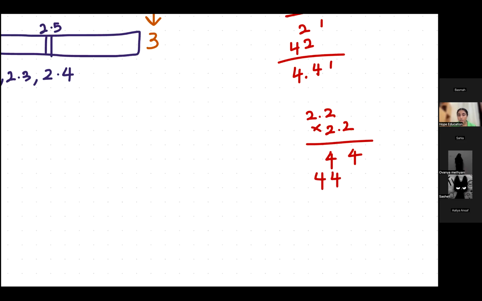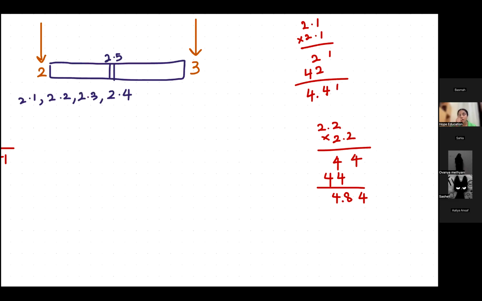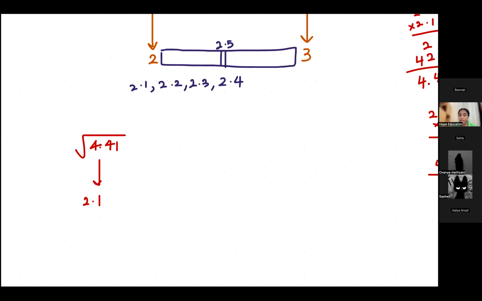So 4, 4 plus 4 is 8 and again 4. Since there are two decimal points, I keep the 2 decimal points and I get the answer as 4.84. If 2.2 multiplied by 2.2 is 4.84, then the square root of 4.84 is 2.2. Is that clear to everybody?